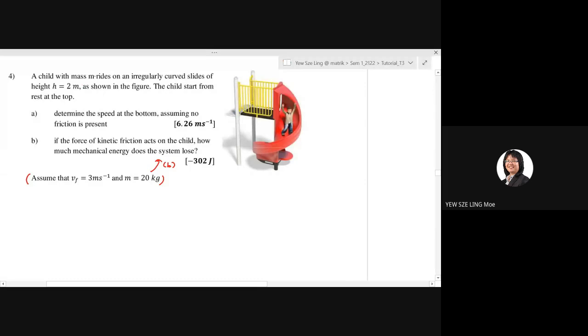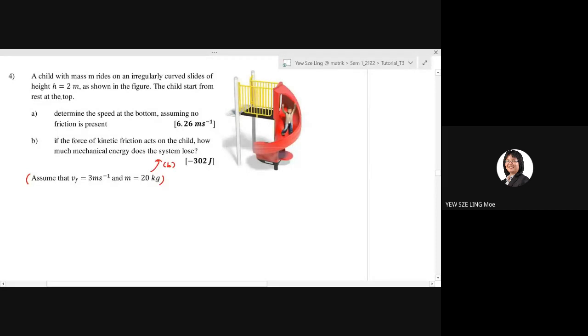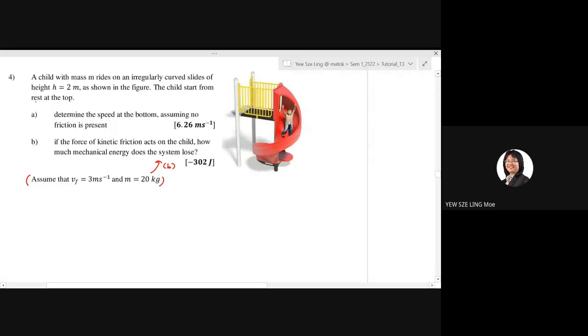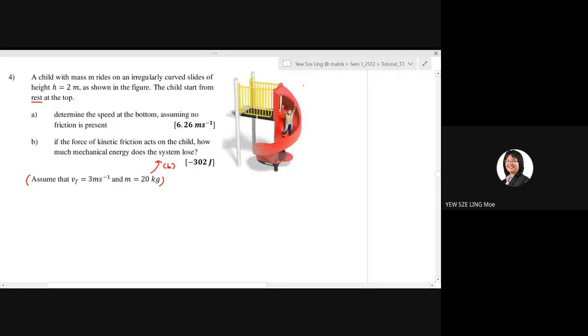A child with mass m rides on an irregular curved slide of a height h equals 2 meters, as shown in the figure. The child starts from rest at the top, and we determine the speed at the bottom, assuming no friction is present. So initially, what do we have?